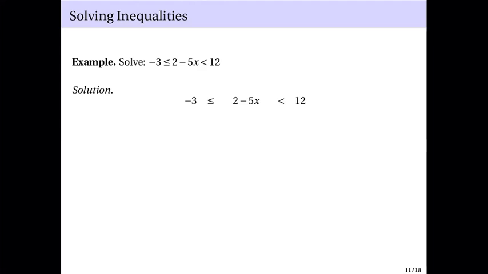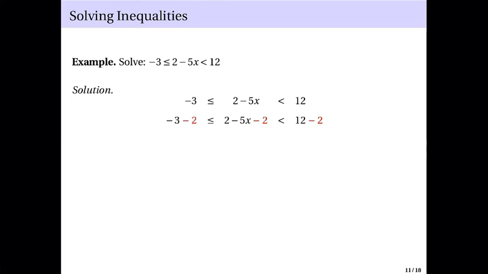Notice what we're going to do is add -2 in the middle, and therefore we also add -2 on the leftmost and on the rightmost. So you add -2 to all parts of this inequality chain.